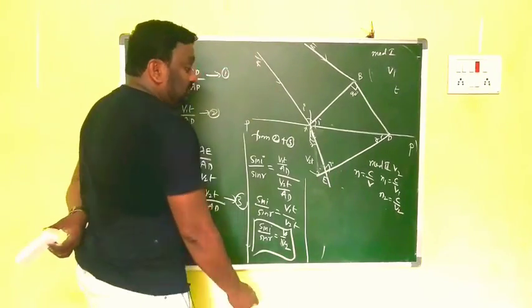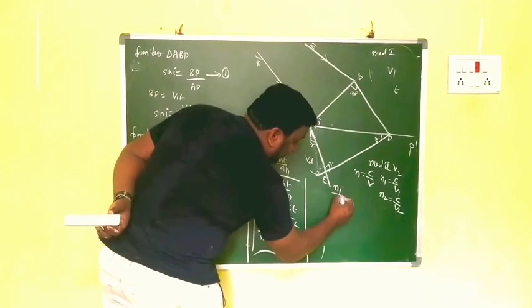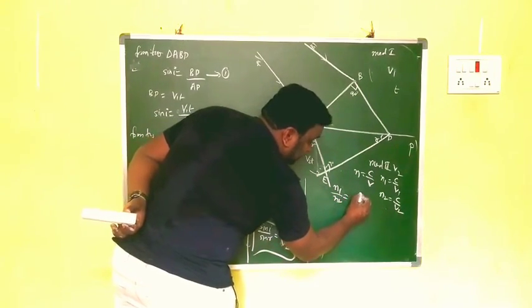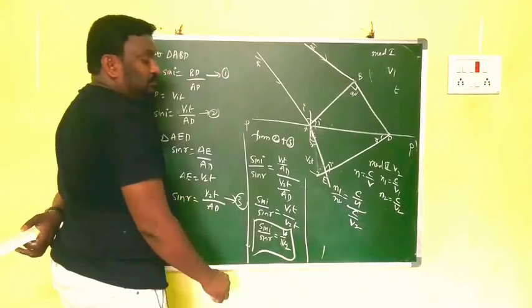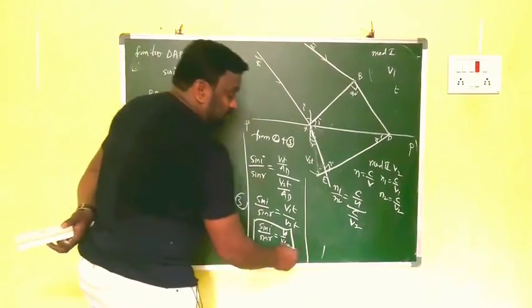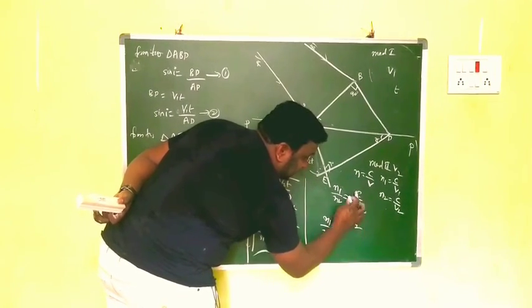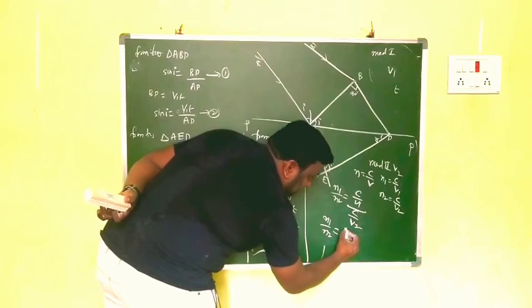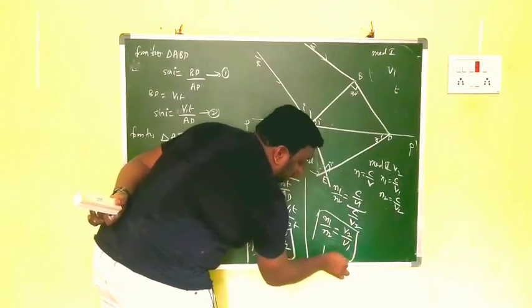That's why I am writing here n1 by n2 is equal to c by v1 divided by c by v2. Then what do you get? n1 by n2 is equal to c by v1 into v2 by c. That means v2 by v1.